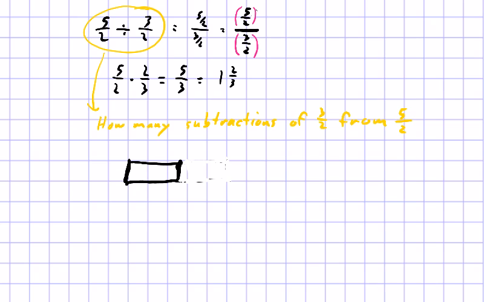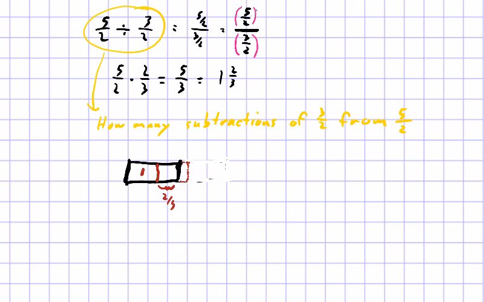So 3/2, that's the same as 1.5, so I can clearly subtract it once. But the second subtraction would take me out to here. We didn't quite fit that in. How many of the second subtractions fit in? We got 2/3 of the second subtraction in.